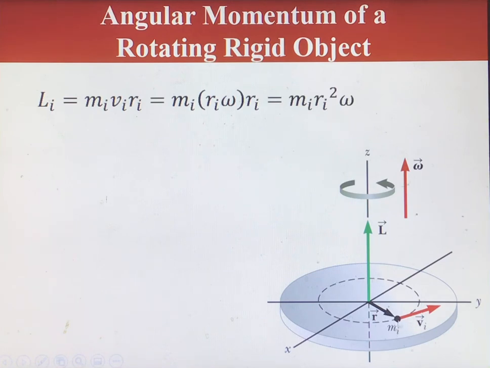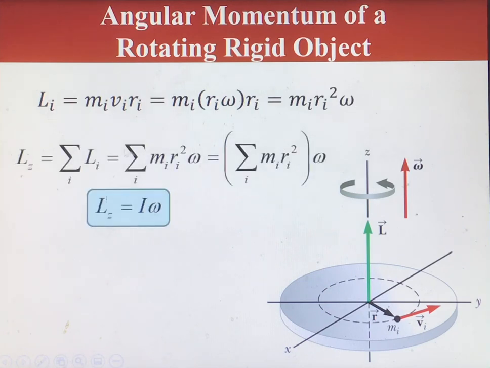Notice that for this mass mi, the displacement vector is at 90 degrees to the velocity vector, because it is moving in a circle and the velocity vector always points tangent to the circle. Because there is a 90 degree angle between the displacement vector and the velocity vector, the angular momentum is just given by mi times vi times ri. Now we said in the previous lecture that vi is equal to omega times ri. So if I substitute vi with ri times omega, I get mi ri squared times omega.